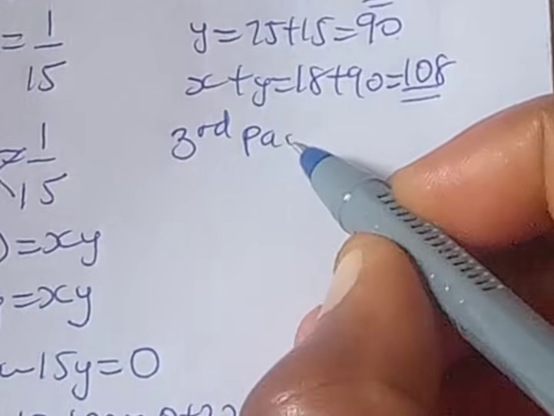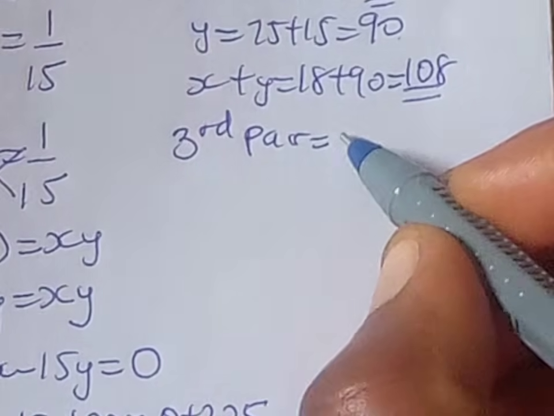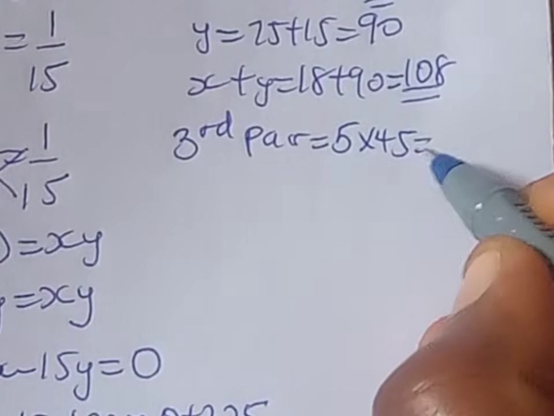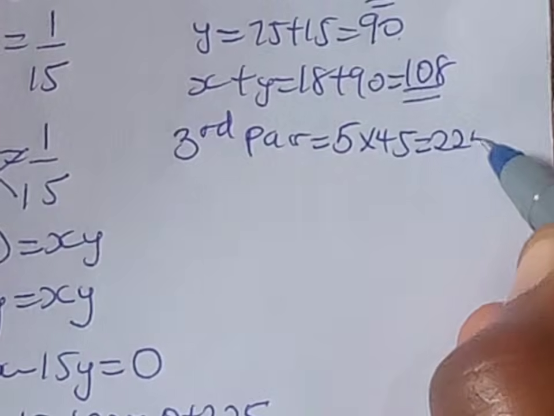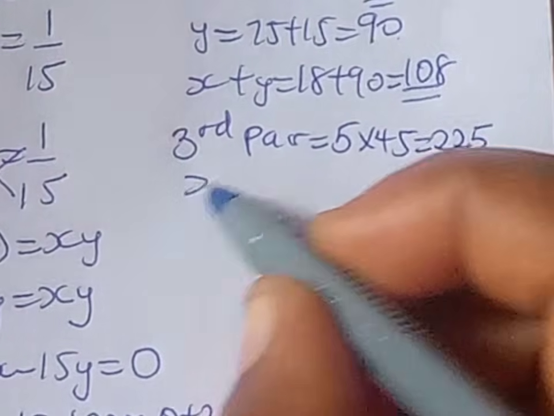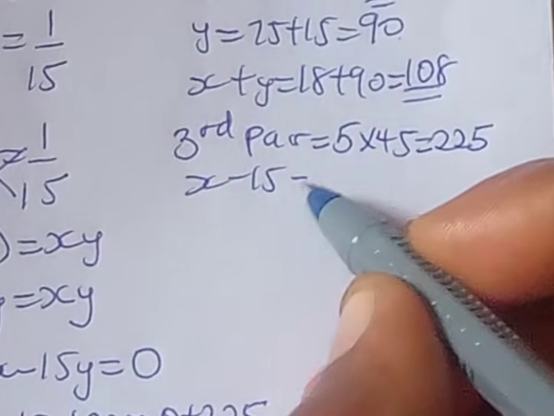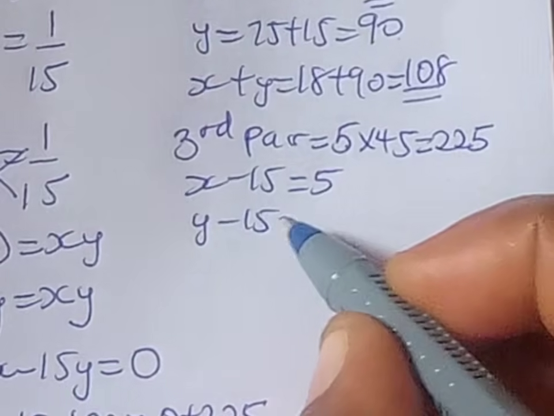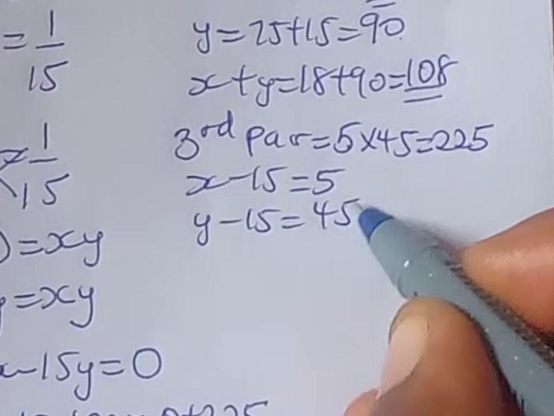Let's look at the third pair. Third pair says 5 times 45 equals 225. X minus 15 equals 5. Y minus 15 equals 45.